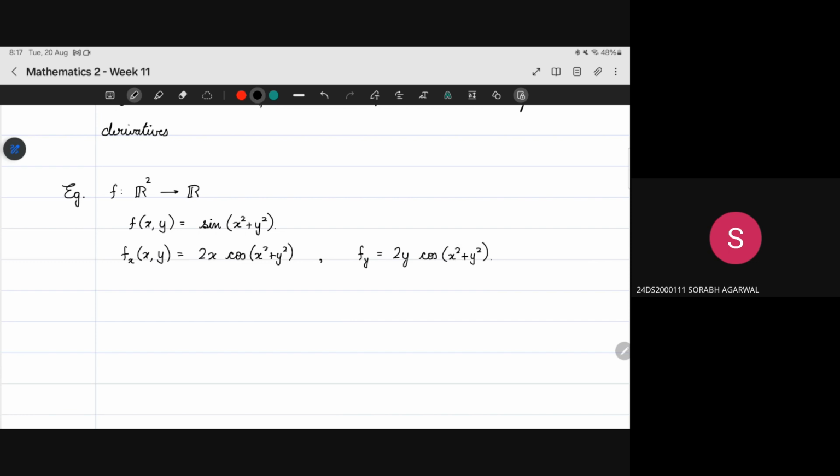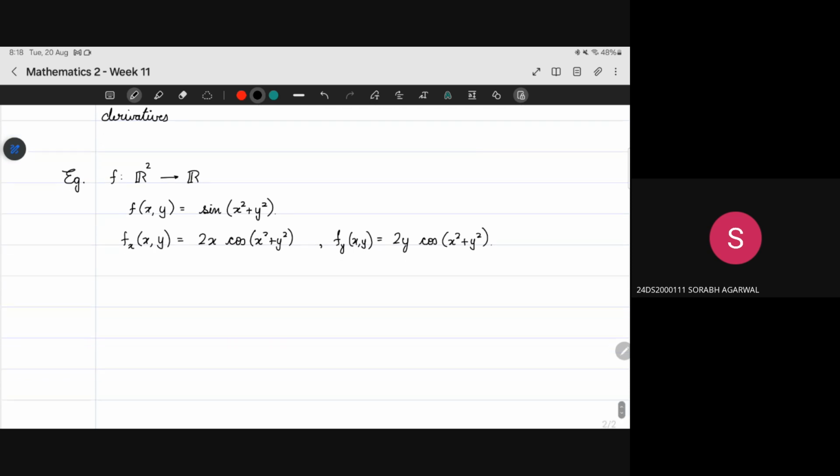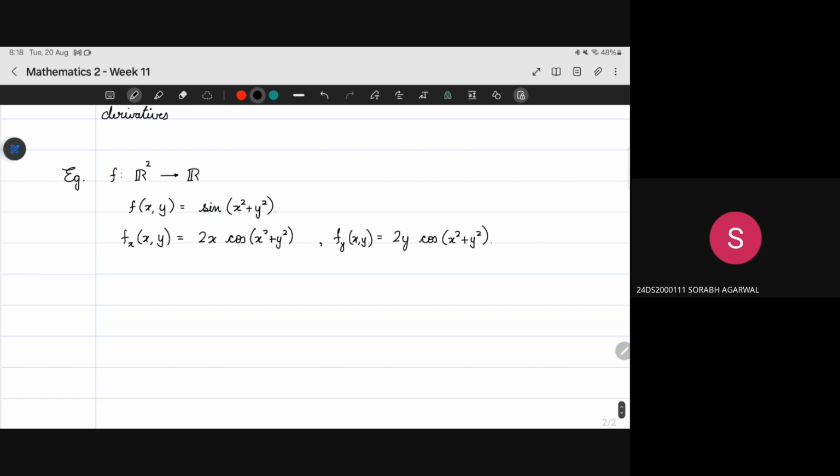Right. So when you have to differentiate only with respect to a coordinate direction, that is the partial derivative, not the directional derivative, you just have to treat the other variable as a constant. So here you will treat y as a constant, and here you will treat x as a constant, and do the usual differentiation, and you get this expression for the first order partial derivatives. For the second order partial derivatives, what is f_xx?